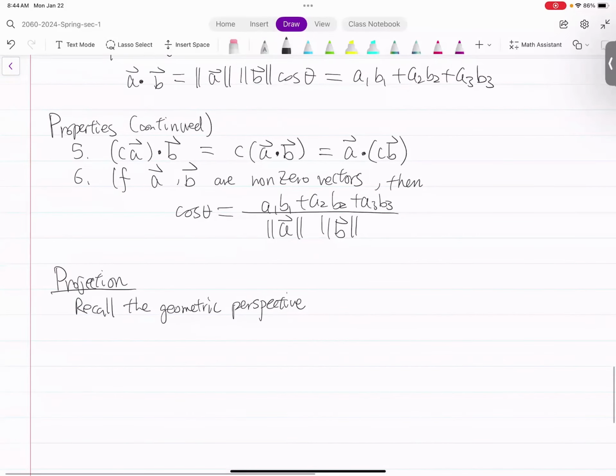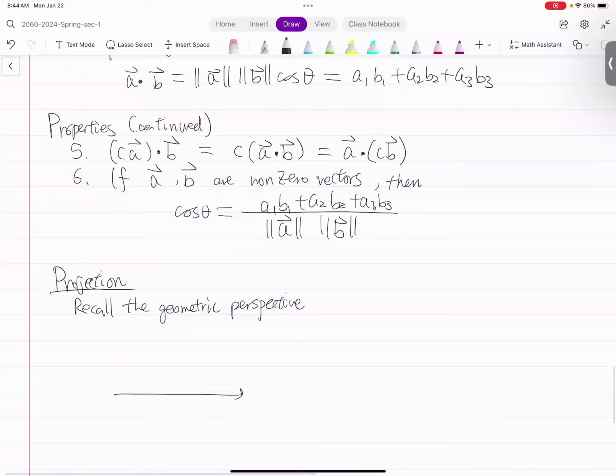Basically it says if you have vectors A and B, we need firstly the magnitude of the vector at the bottom, which is the magnitude of B, right?